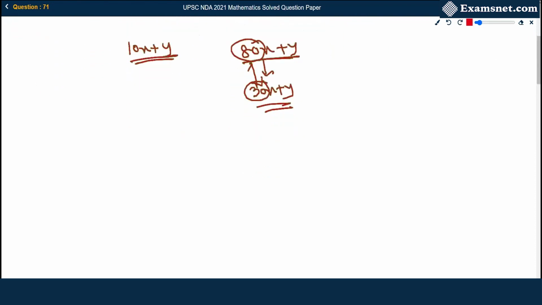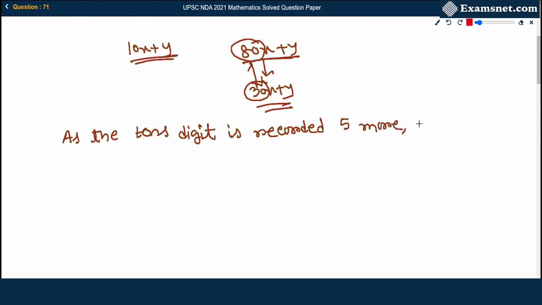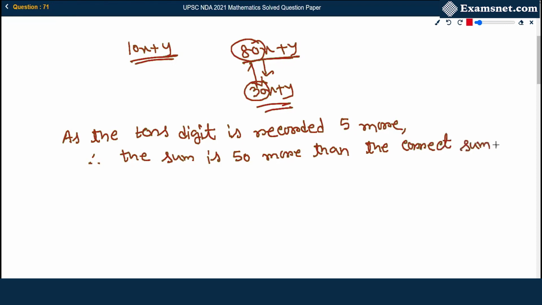So we can say that as the tens digit is recorded 5 more, therefore the sum is 50 more than the correct sum. 50 more than the correct sum, right?